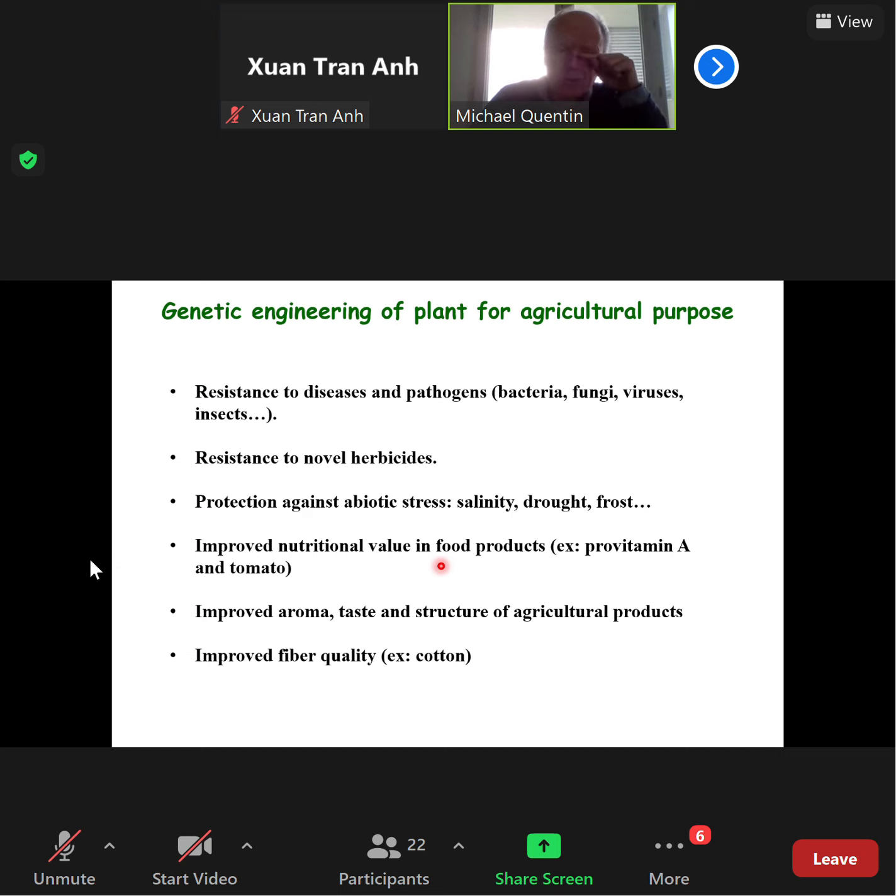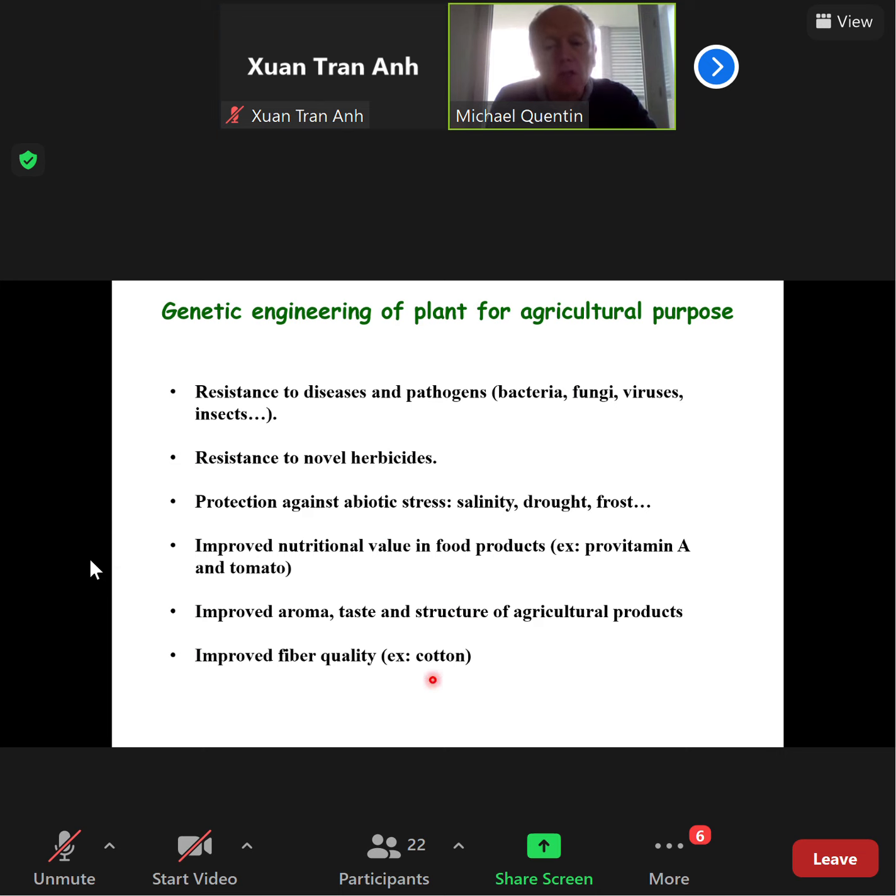And then also plants have been created with modified taste, modified aroma. Also transgenic plants have been produced that are more able to resist post-harvest processes.